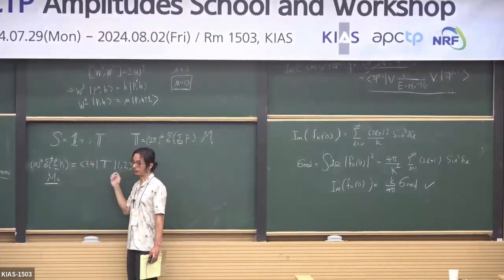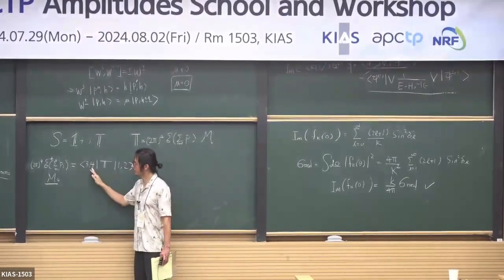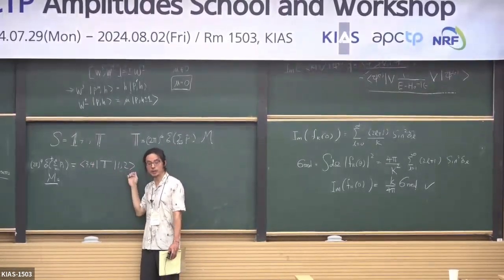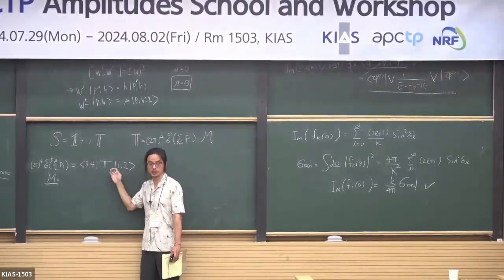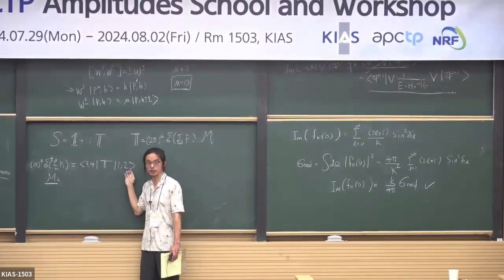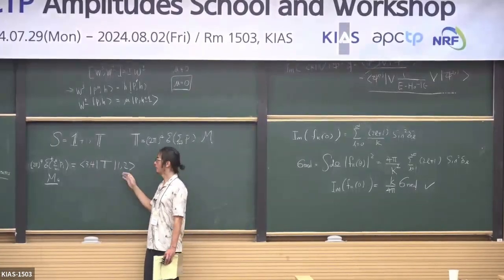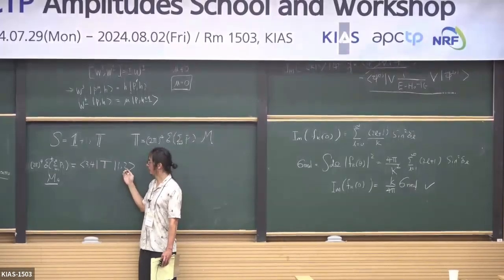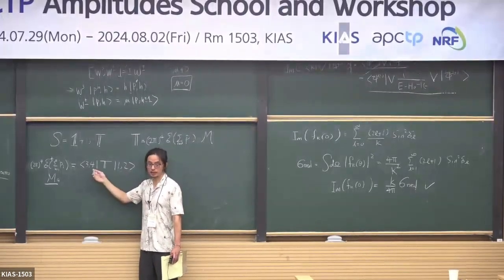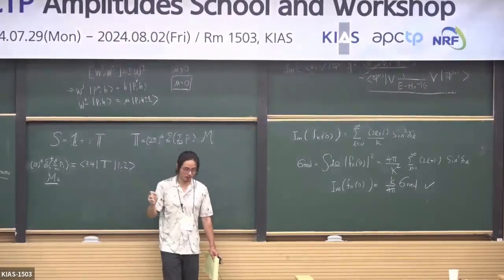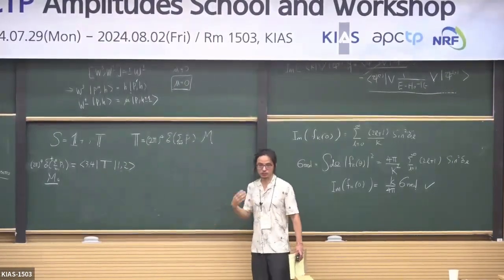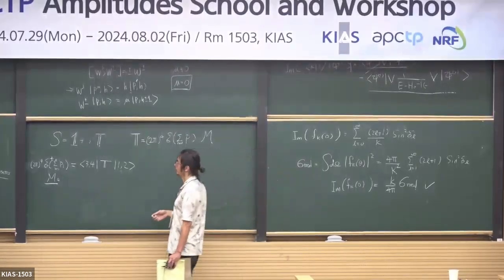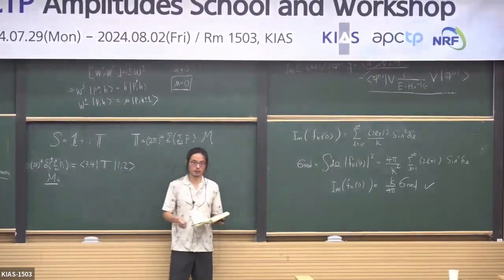In this setup, you see that there's actually a difference between 1, 2 going to 3, 4, 5, or 1, 2, 3 going to 4, 5. It's a different kind of scattering because your initial and final states are different. How to relate these two answers is usually framed as crossing symmetry, and we'll talk about crossing symmetry probably tomorrow.